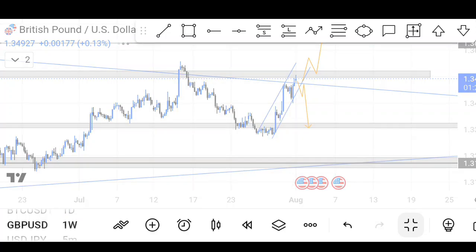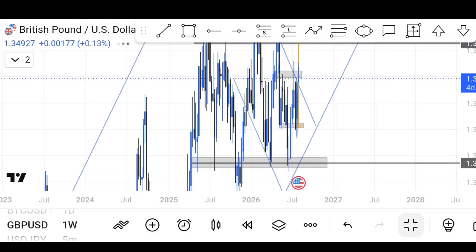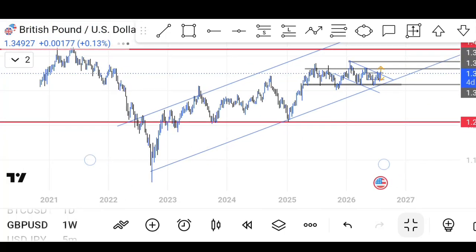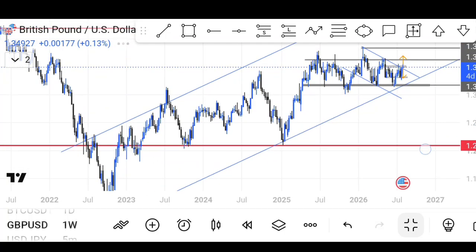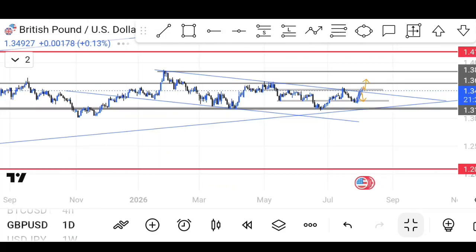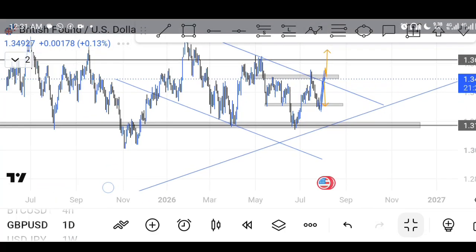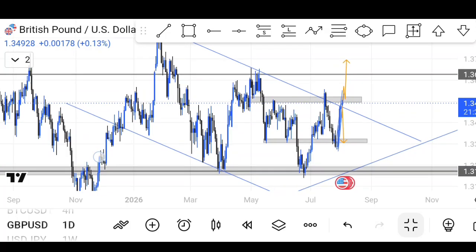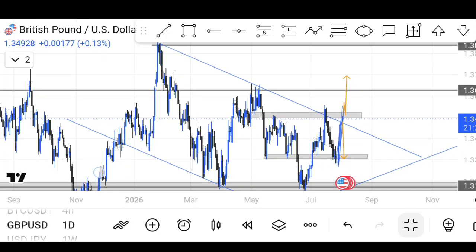So basically there's nothing much there. You can see that on a weekly time frame we are actually in an uptrend on GBPUSD, but right now we are kind of bearish. So basically the whole move is going up, but on this particular time frame that we are in, the market is bearish.